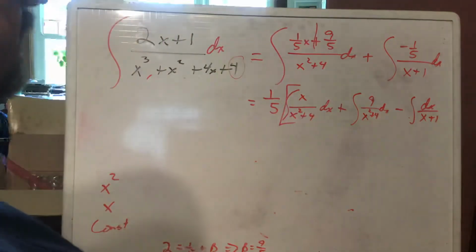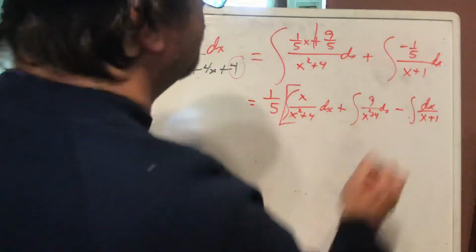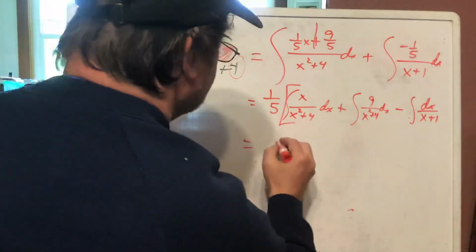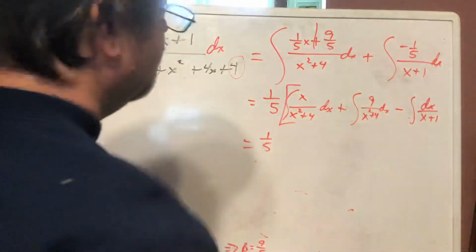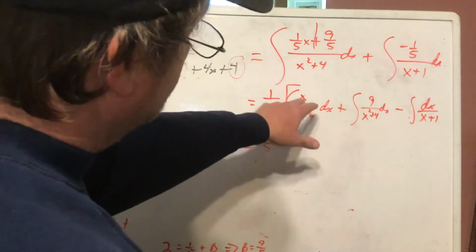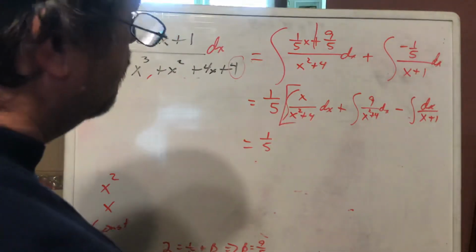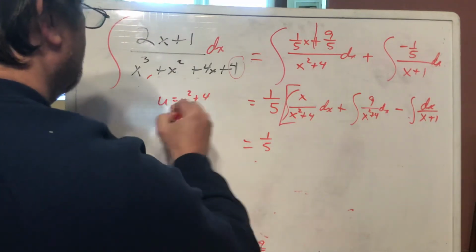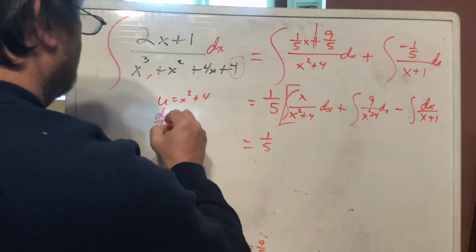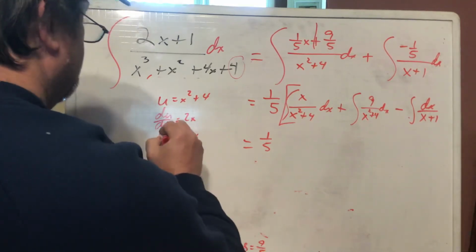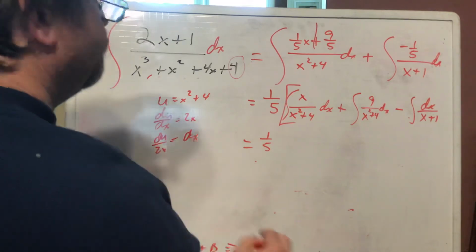And each one of these I can then integrate separately. And I took the 1/5 out from all of those. Okay. So what do these integrate to? Well, for this first one, this is u with a derivative on the top. If I let u equal x squared plus 4, du dx is 2x, which means that dx is du over 2x.